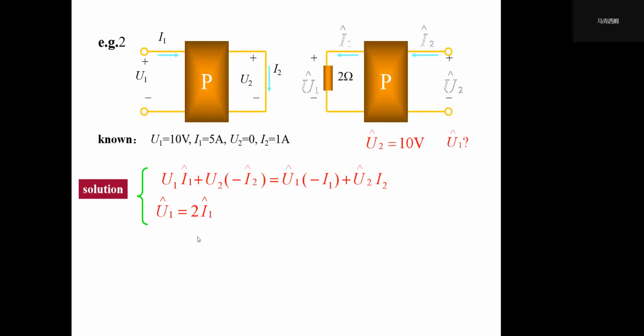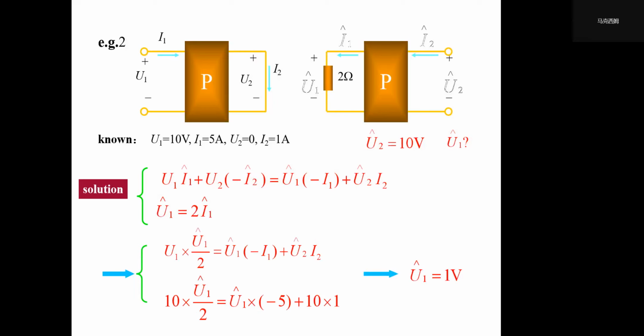We know that U1 hat equals 2 times I1 hat. Combining those two equations, we can calculate the value of U1 hat. That's very interesting. We don't even know what's inside the network, but we can still calculate the value that we would like to know.